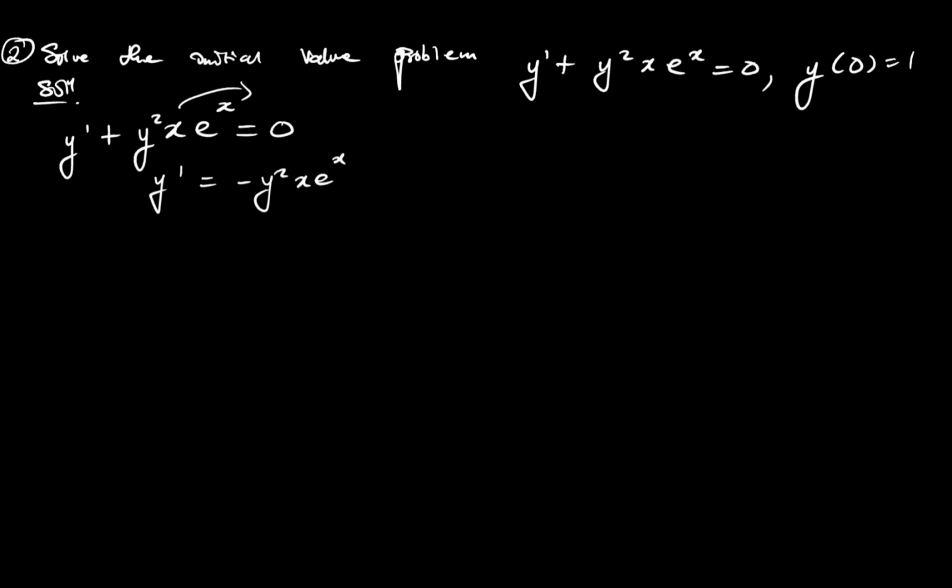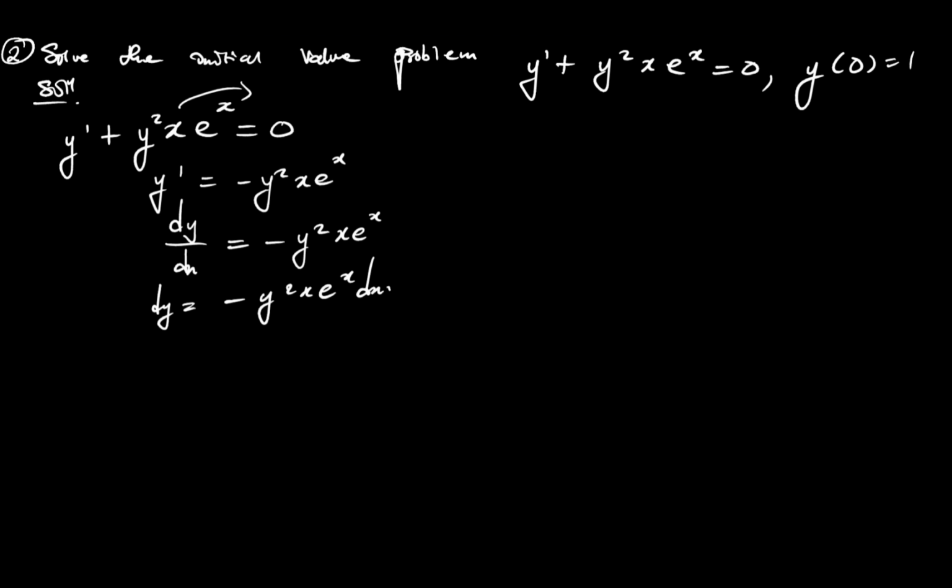Separating the variables, we understand y prime is dy over dx, which is equal to minus y squared x e to the x. So we'll have dy being equivalent to minus y squared x e to the x dx.